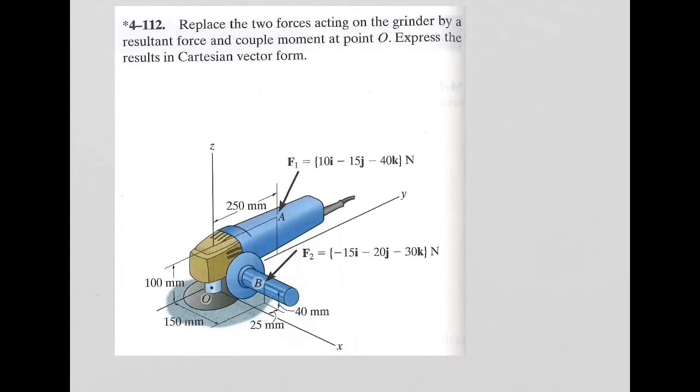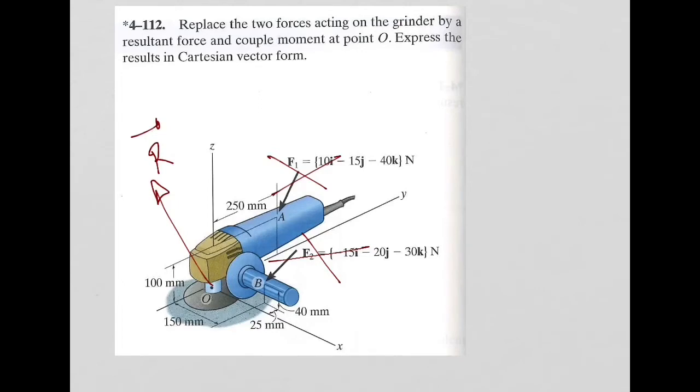So basically you will build an equivalent system where you don't have this force applied at these 2 points. But instead of that, you will have a resultant of the forces at point O, which is the summation of forces at that point.